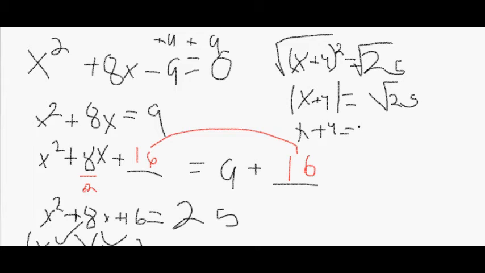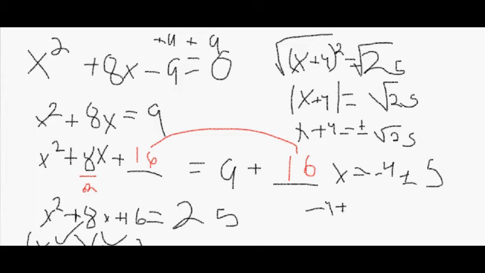When we take out the absolute value, we just have x plus 4 equals plus minus the square root of 25. Then we have to move 4 to the other side, which becomes a negative 4, because we subtract 4 from both sides, plus minus 5.